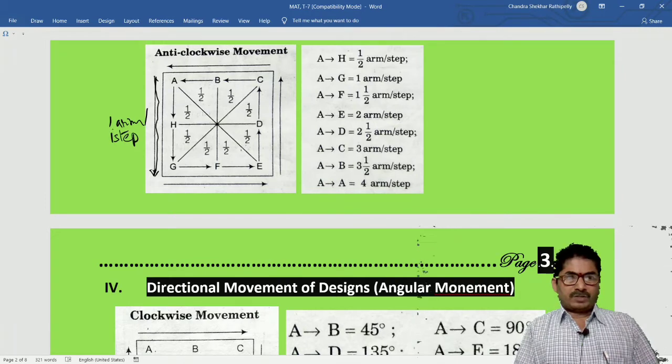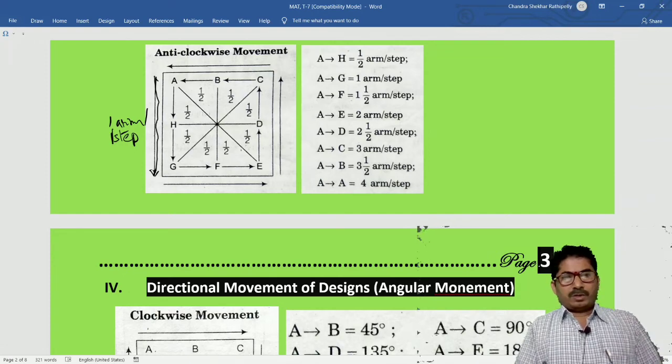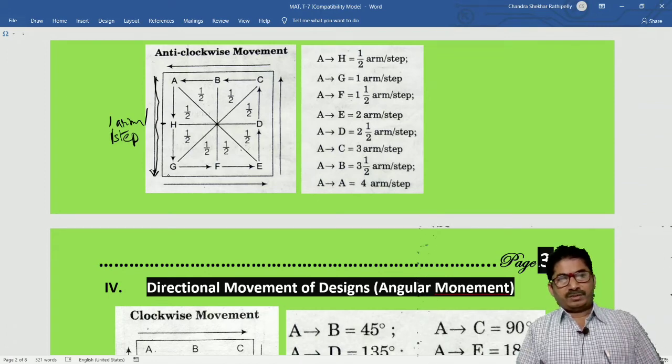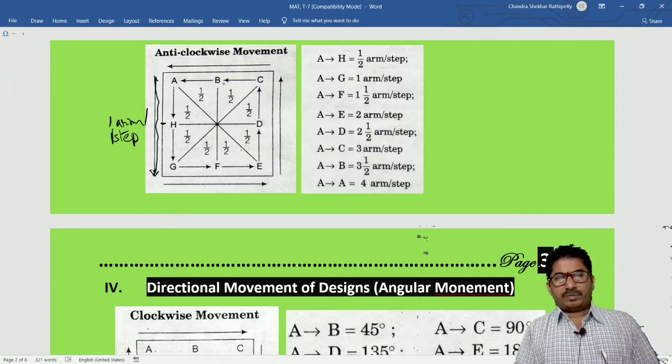A to H half step, A to G one step, A to F one and half steps, A to E two steps, A to D two and half steps, A to C three steps, A to B three and half steps, A to A in anti-clockwise direction four steps.